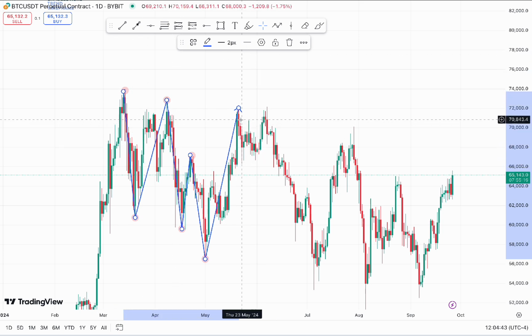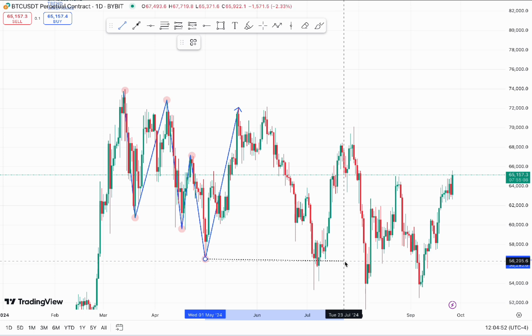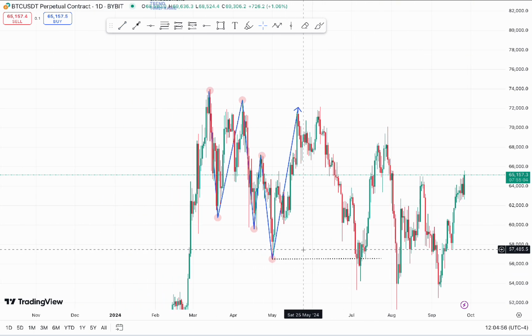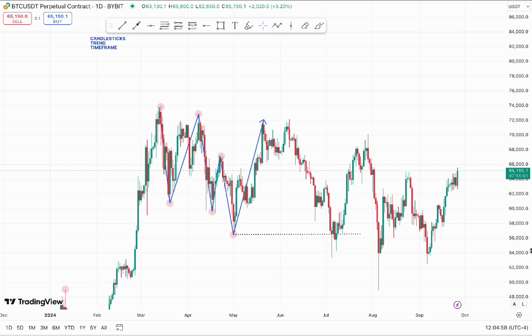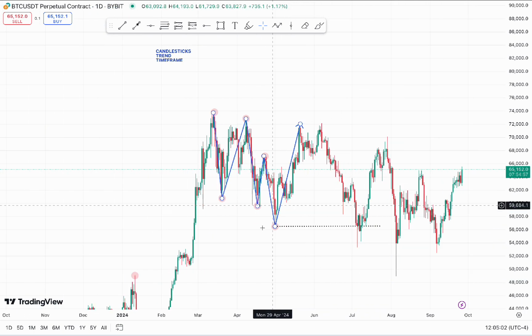We don't know yet. The reason is because we have to check what the market would do at this zone. Is the market going to break? Is the market going to hold? Is the market going to reject? These are key places.